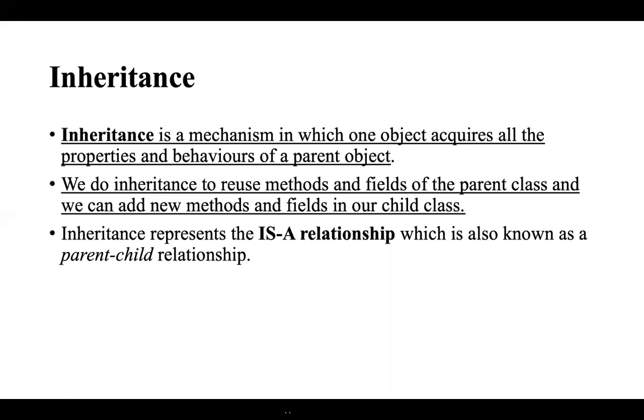As a child of our parent, we are using the properties of our parents, properties meaning attributes, physical or whatever, and then we can have our own features also. That is what we want to say here in the second point.